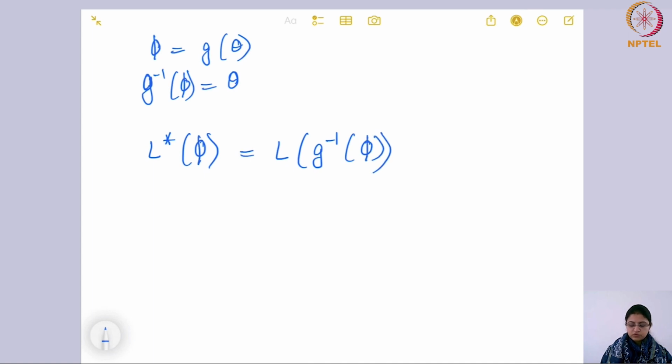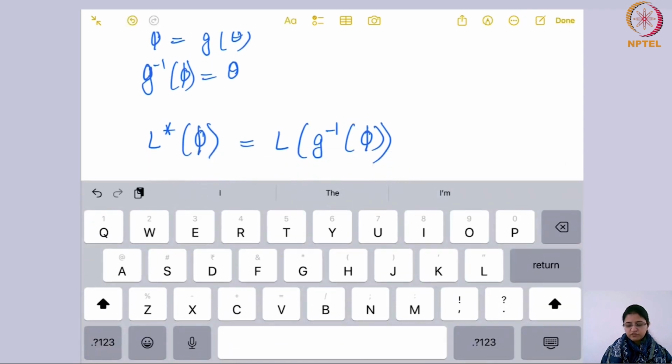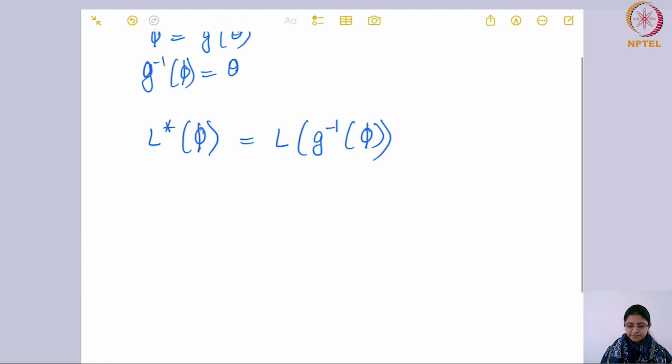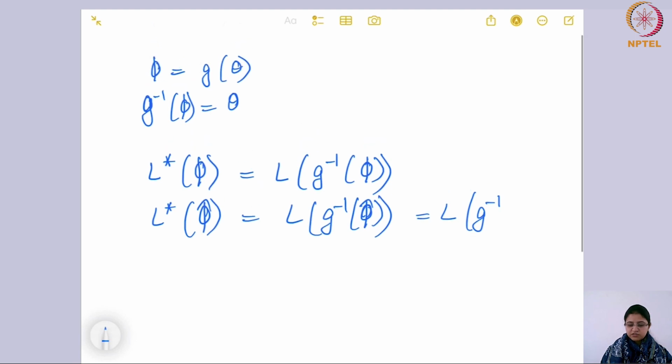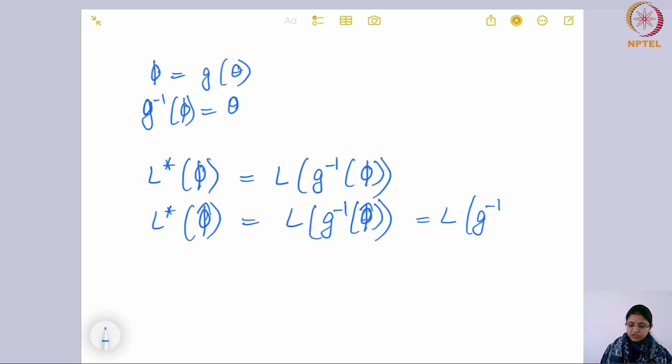Similarly, L star of phi hat is L of g inverse of phi hat. And what is phi hat? Phi hat is g of theta hat. So g inverse of g of theta hat is basically L of theta hat.